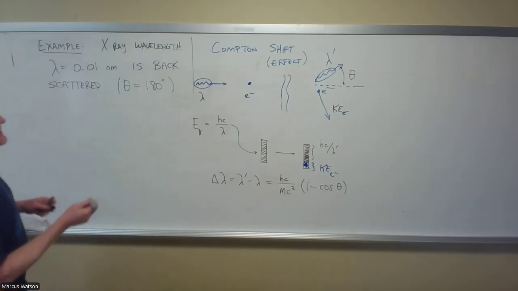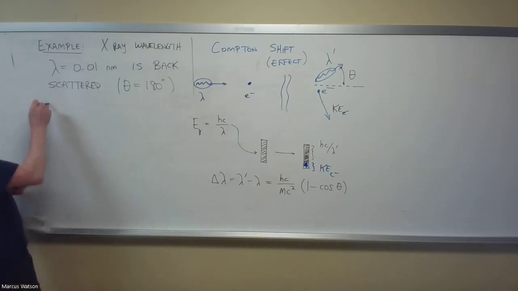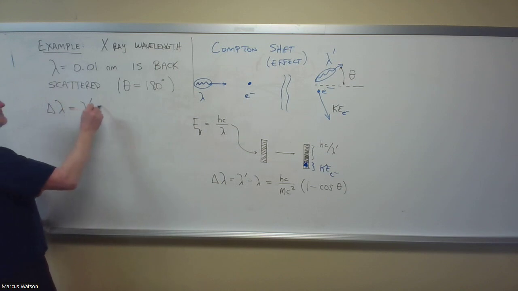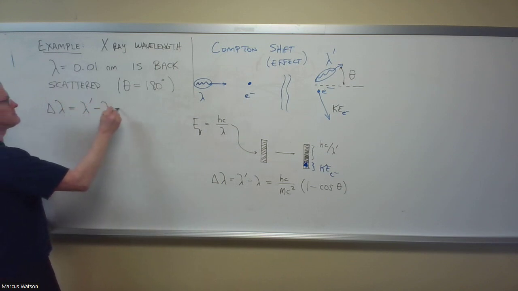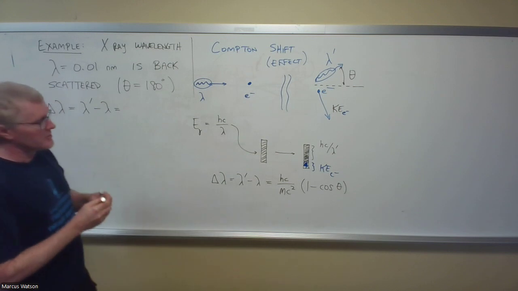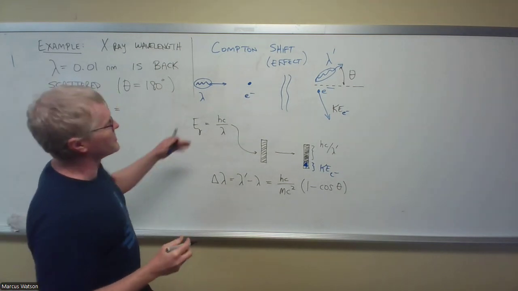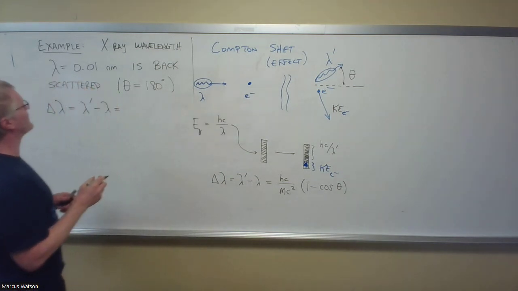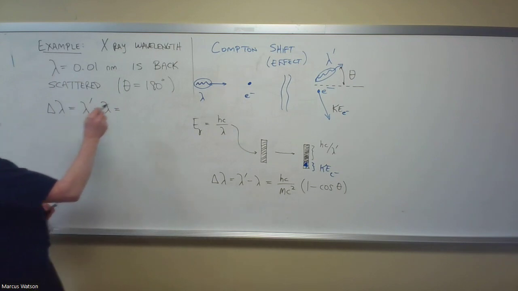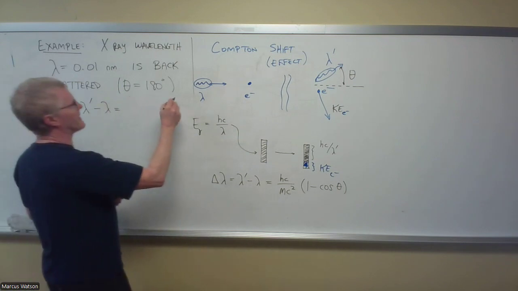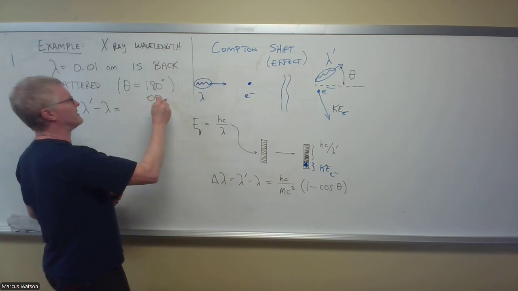Alrighty, let's calculate delta lambda from that. So, I should say we scattered off electrons. I forgot to note that. It's backscattered off electron.